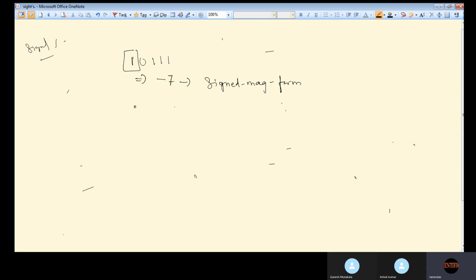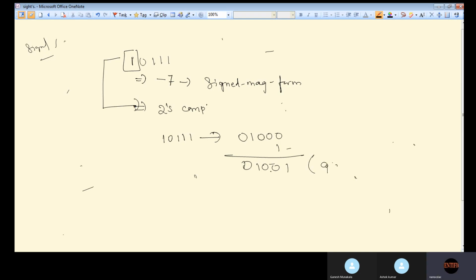This is indicating the sign. If you take the two's complement of this one, the value will change definitely. If you take the two's complement of 10111, what is the result? 01000 and 1, that is 01001. So the equivalent of this one is 9.